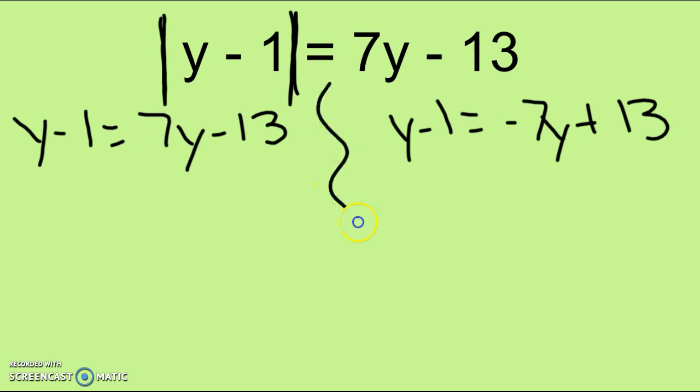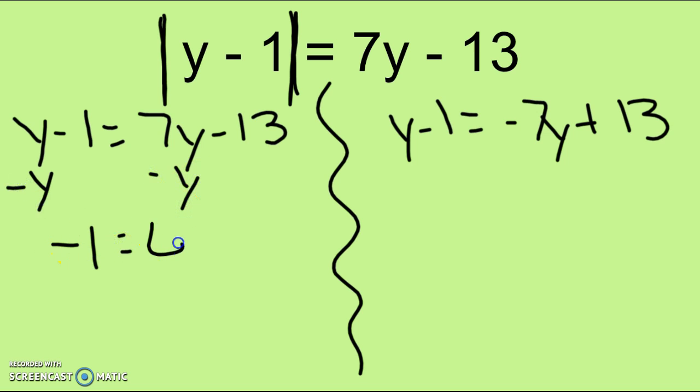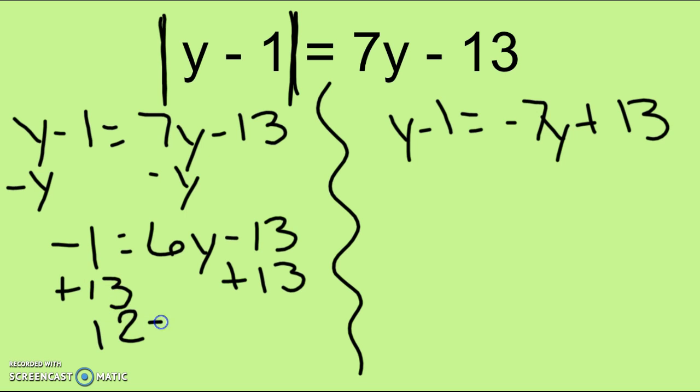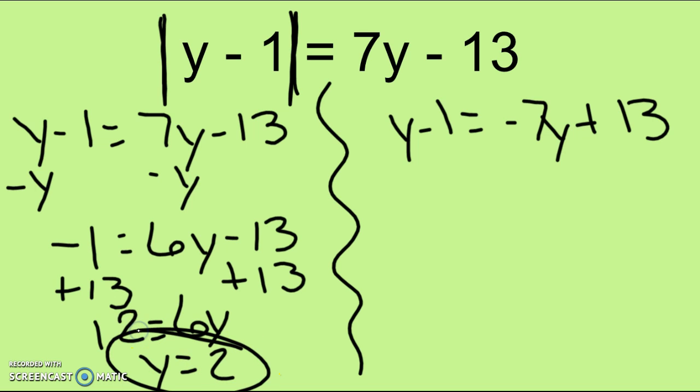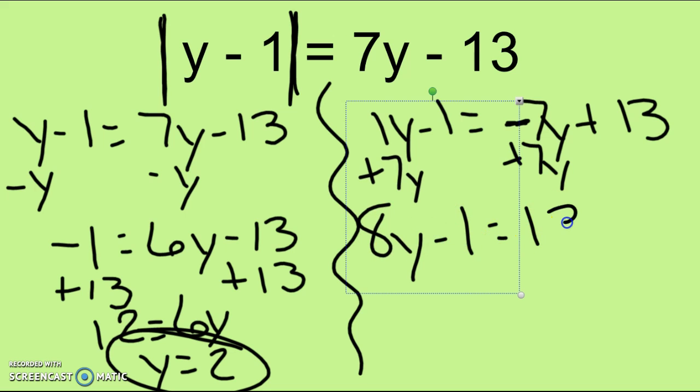Now you solve both of them. There's two equations here. I'm going to move my smallest variable first, and I get negative 1 equals 6y minus 13. Add 13 to both sides, and I get 12 is equal to 6y, so y is equal to 2. Do the same thing on the right-hand side. Negative 7 is smaller than 1y, so I'm going to add 7y this time, just to keep them all positive. 8y minus 1 equals 13.